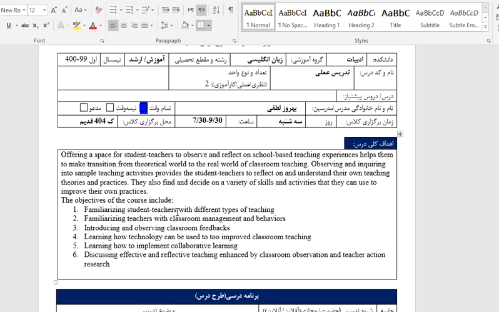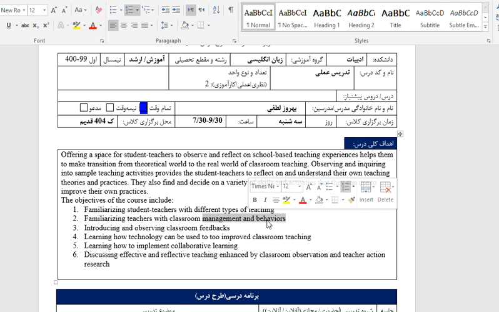You are student teachers, you observe, you watch some movies, and you see different types of teaching by famous international and native teachers. You become familiar with classroom management, how classrooms are managed by teachers, and appropriate classroom behaviors.